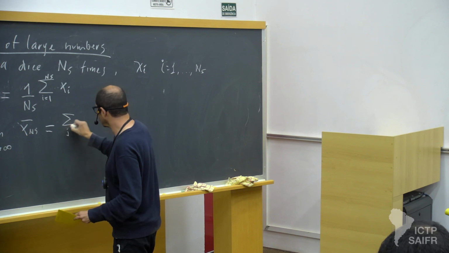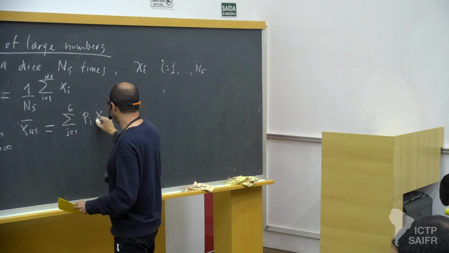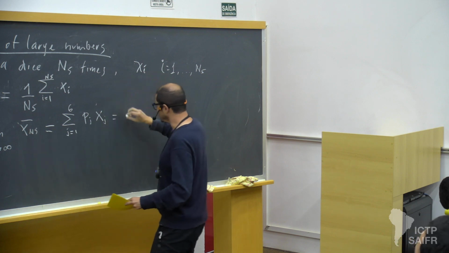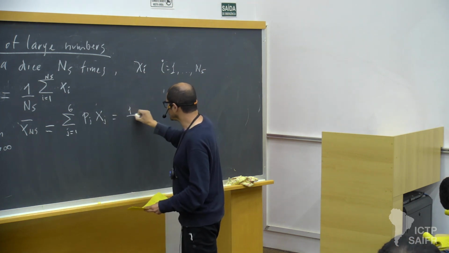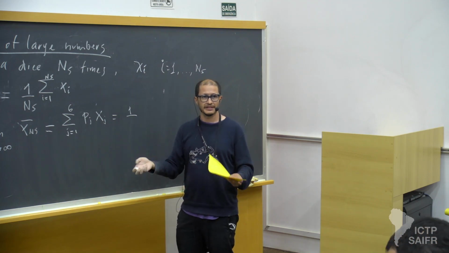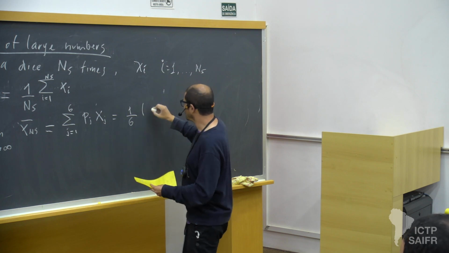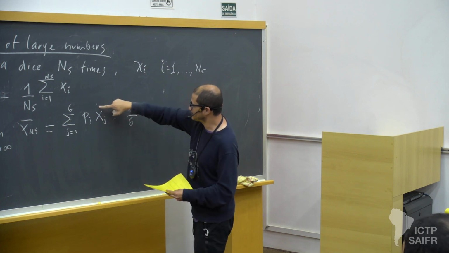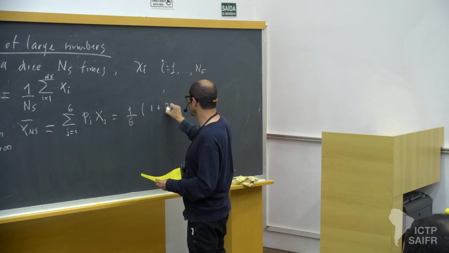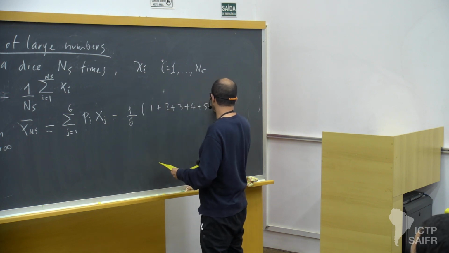Okay, so the sum over i from 1 to 6 of p_j x_j, where p is 1/6 because this is a fair die, okay? And you have the average over the different outcomes, which is 1 plus 2 plus 3 plus 4 plus 5 plus 6 over 6.